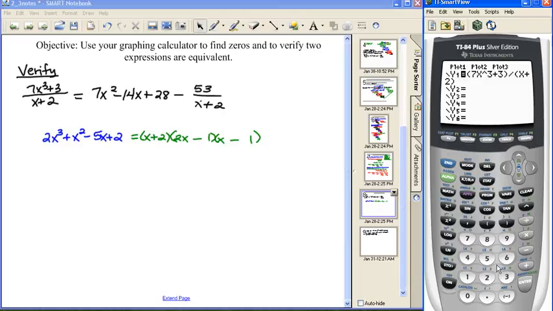And now I'm going to enter 7x squared minus 14x plus 28 minus 53 divided by, in parentheses, x plus 2. Okay, and let me just start in the standard viewing window.